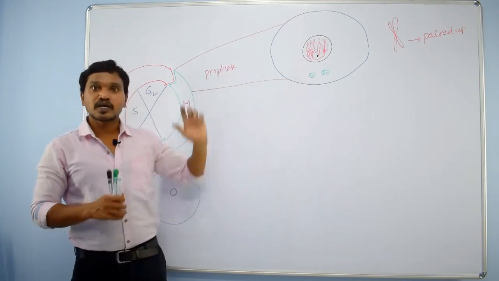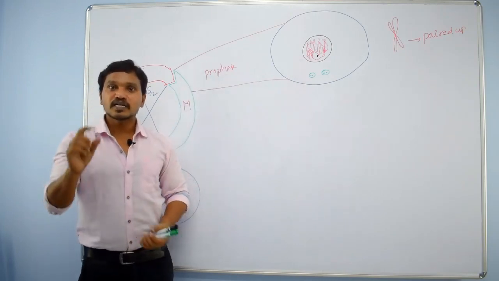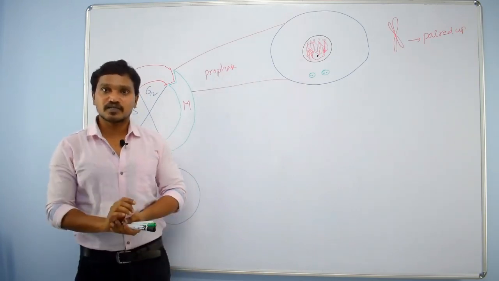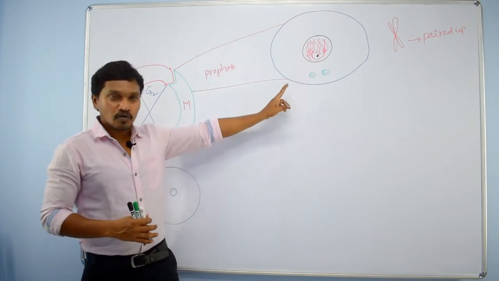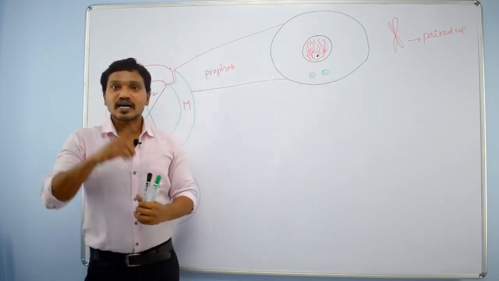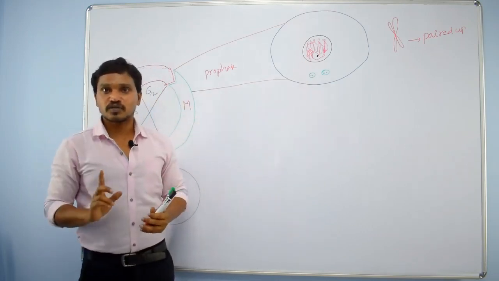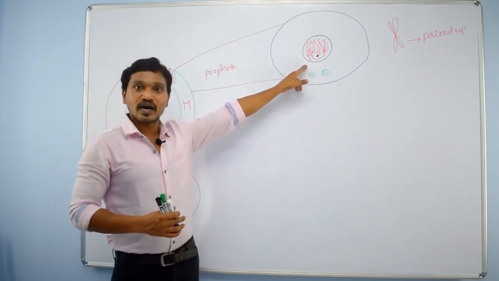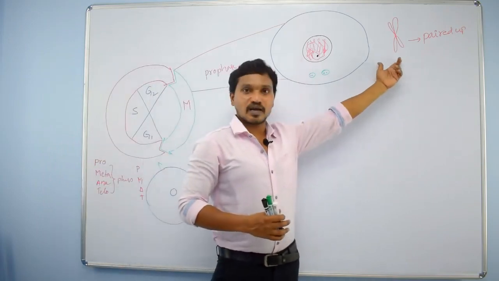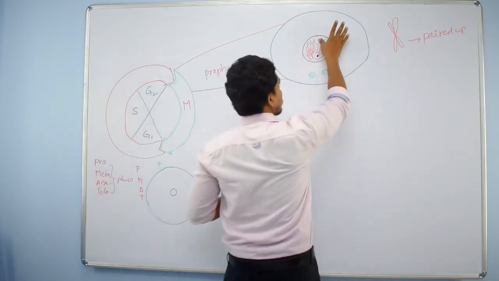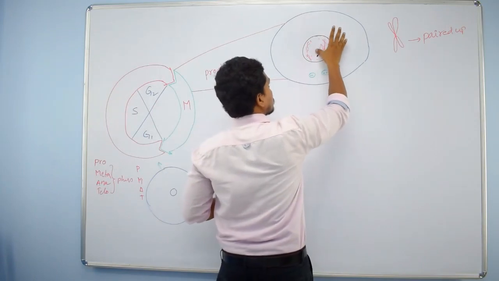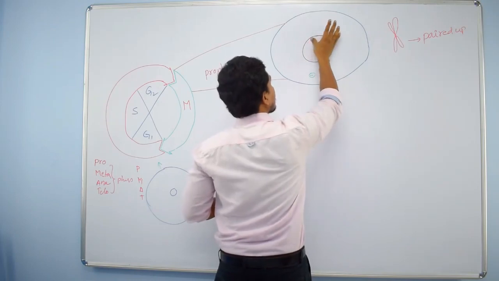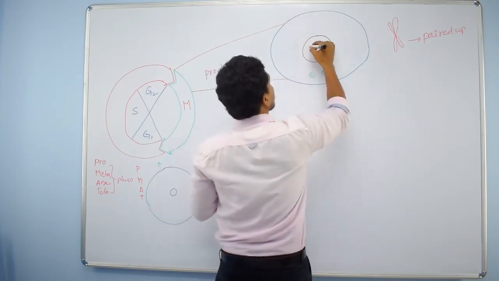Now we will see step by step the different changes which occur in prophase. First, you should strongly remember that it is a disorganizing phase. Clear? So what will happen first? Condensation of chromosomes. When these chromatin threads condense, they appear like this.